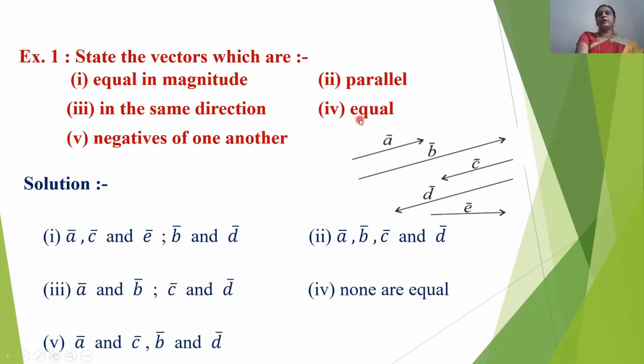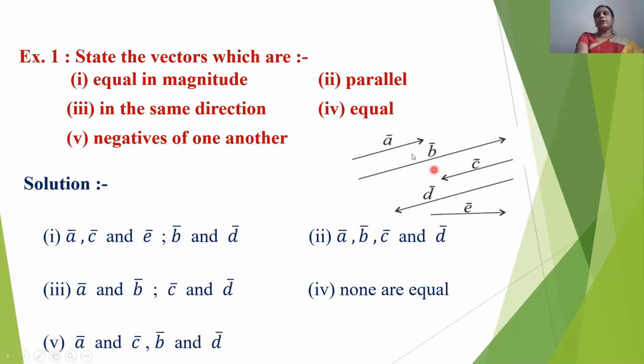Then we have to find in the fourth question equal vectors. Which vectors are equal here? For equal vectors, their magnitude should be the same and direction also the same. See here A bar, C bar, E bar have equal magnitude, but all three do not have the same direction.